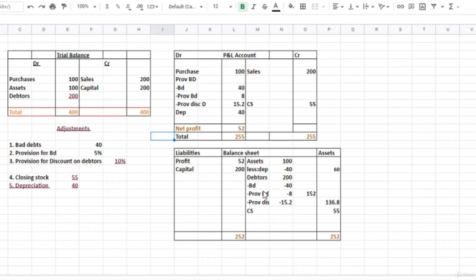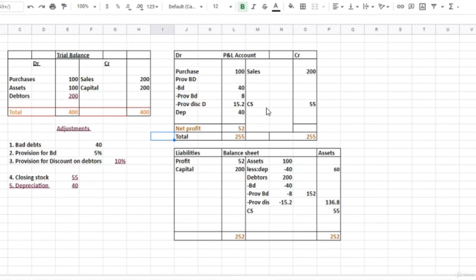So we are following the double entry principle here. So there is a dual effect. All amounts that are added to the debit side are also removed from the debit side. So that is double entry.